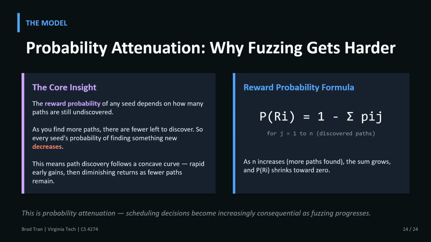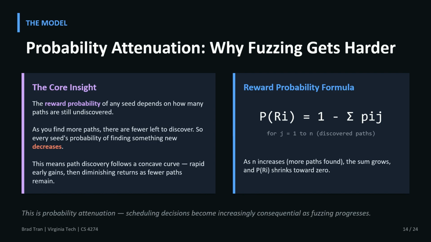As more paths get discovered, that sum grows, and the reward probability monotonically decreases towards 0. This matches what we observe empirically in fuzzing.